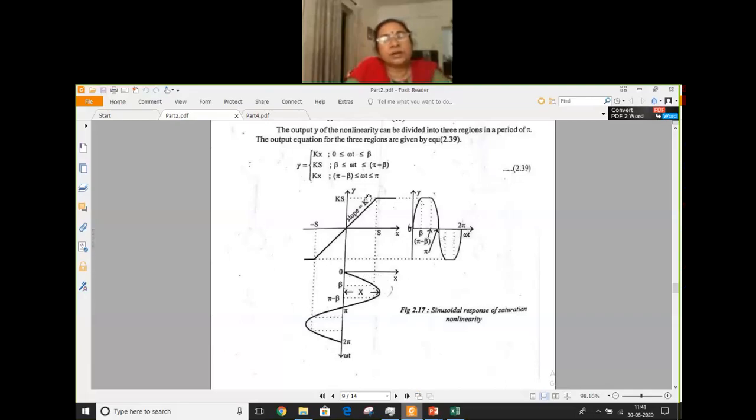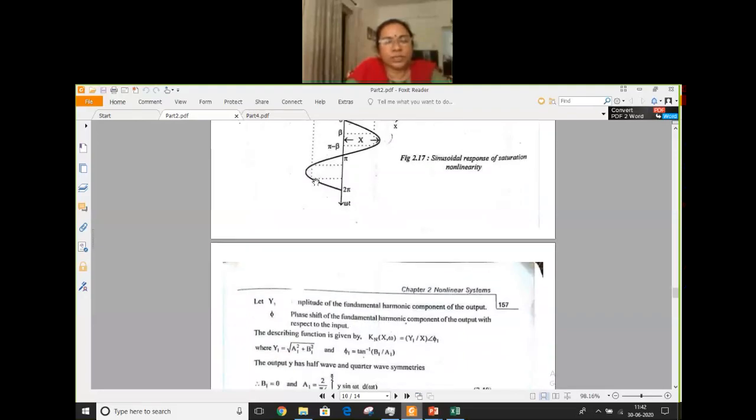If you introduce a saturation nonlinearity, this is the output you will be getting. From 0 to beta, the output is kx. From beta to pi minus beta, the output is ks. And from pi minus beta to pi, the output is kx.